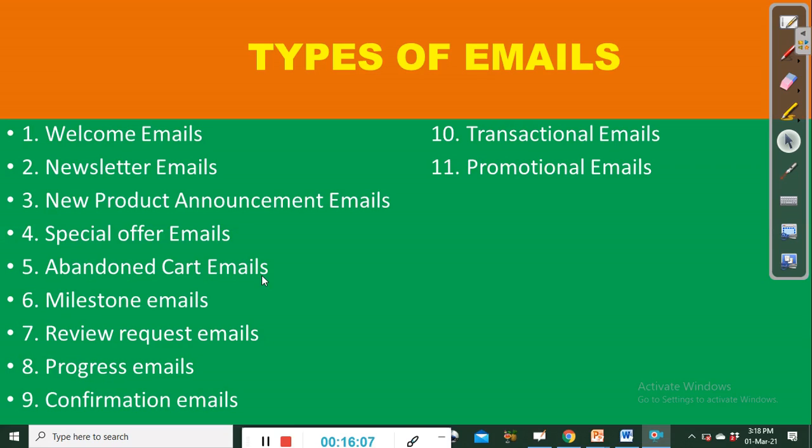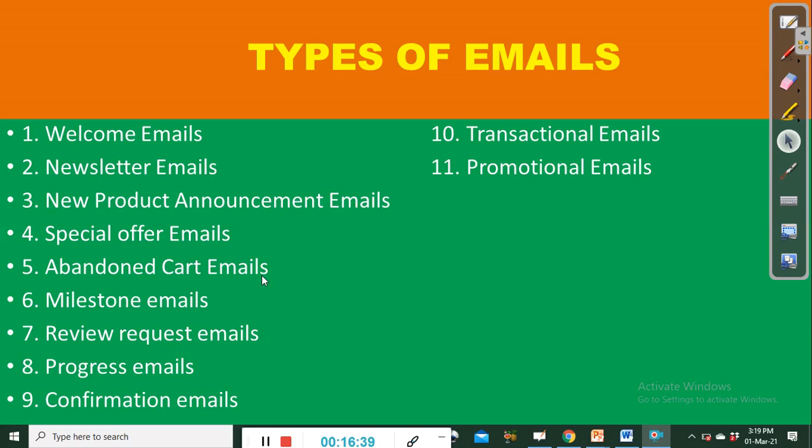So it is important you highlight the benefits of the products, the benefits that your customers are likely to derive if they decide to buy the new products. That is really what the new product announcement email is meant to achieve.